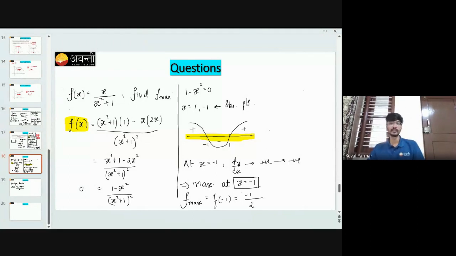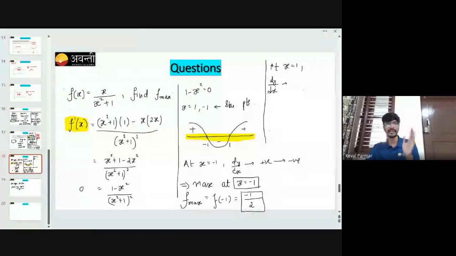Now let's see what happens at x equals 1. Before it was negative and after that it became positive. That means minima at x equals 1.